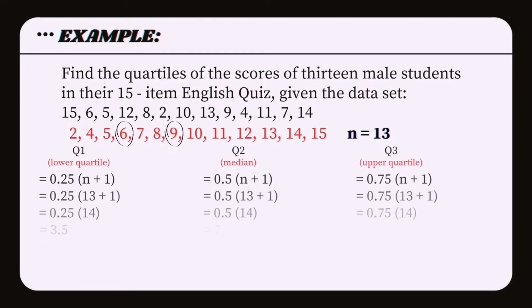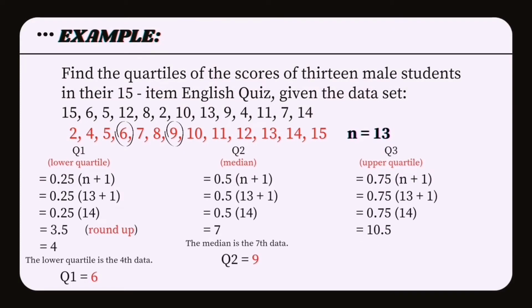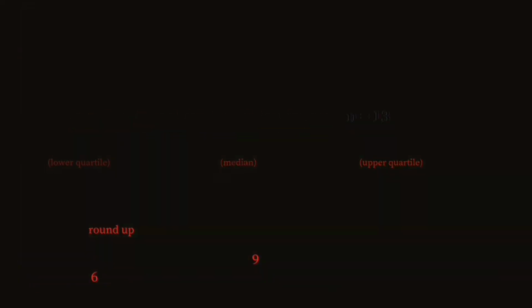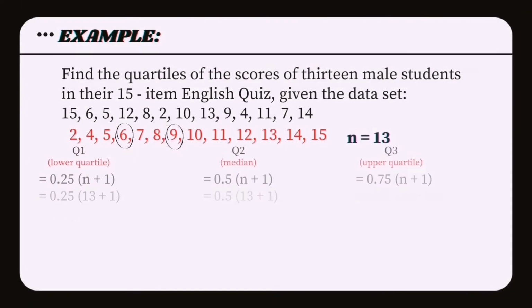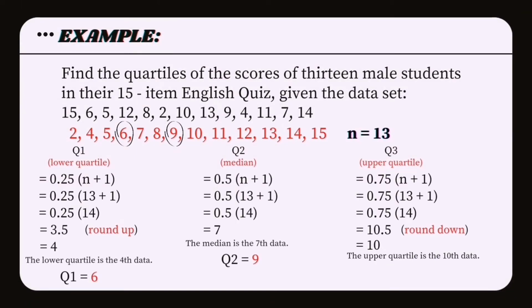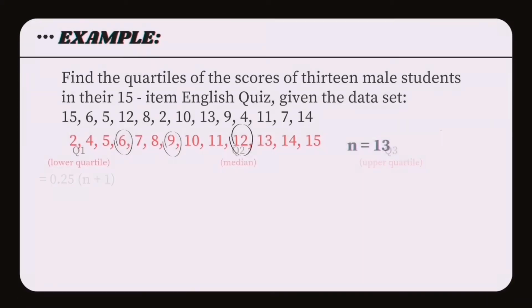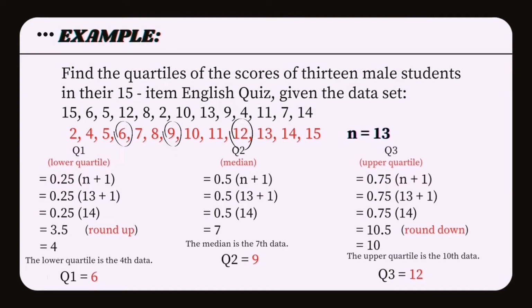Now, multiply 0.75 times 14, so the answer is 10.5. And again, based on the rules, we have to round down the answer. So our answer now is 10. So the upper quartile is in the 10th data. That is why the value of our upper quartile is equal to 12.